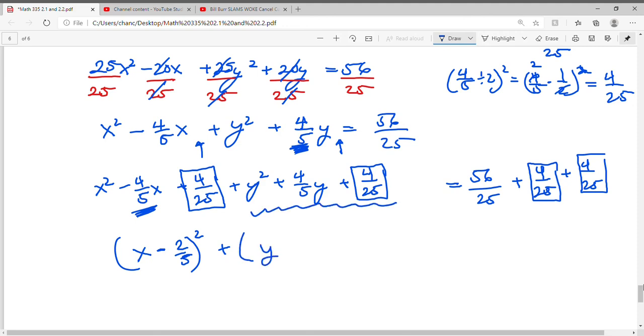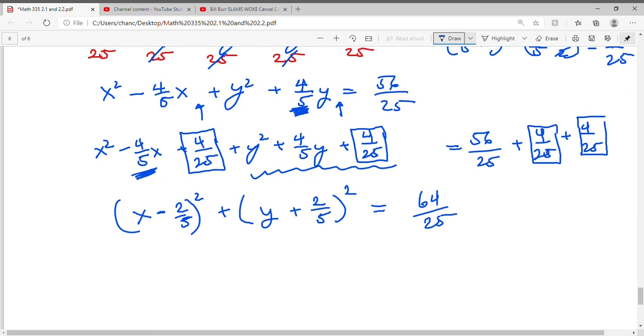This is (y + 4/5 divided by 2, again 2/5) squared. This is equal to 56/25 plus 4/25 plus 4/25, which gives us 64/25.